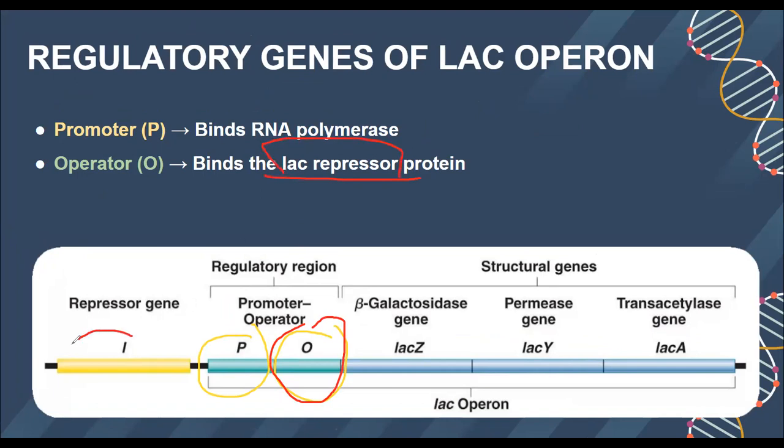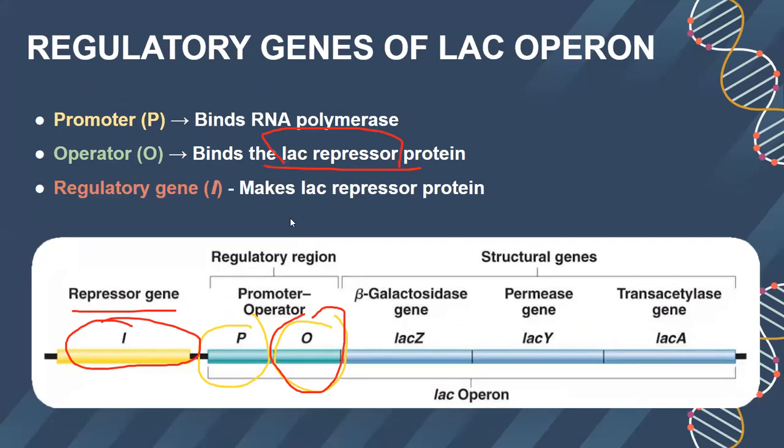If you see over here, there is one more gene which is known as the repressor gene. What is this repressor gene doing? It is making a repressor, the lactose repressor protein. The word is telling you repress, to stop the lactose operon, to stop the transcription of the lactose operon.